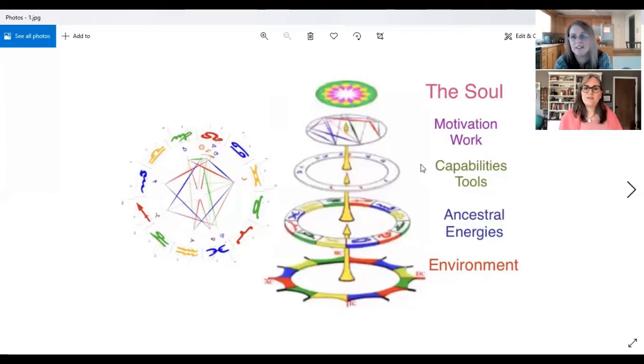Wait, we have to do the sign. Sorry. Yeah, the zodiac signs. I forgot this one. I think the zodiac signs is information that has been channeled through generations that we receive and that we apply. And the thing is, you will see that the planets are always located in one sign. So that sign colors in a way the attributes of the planet.